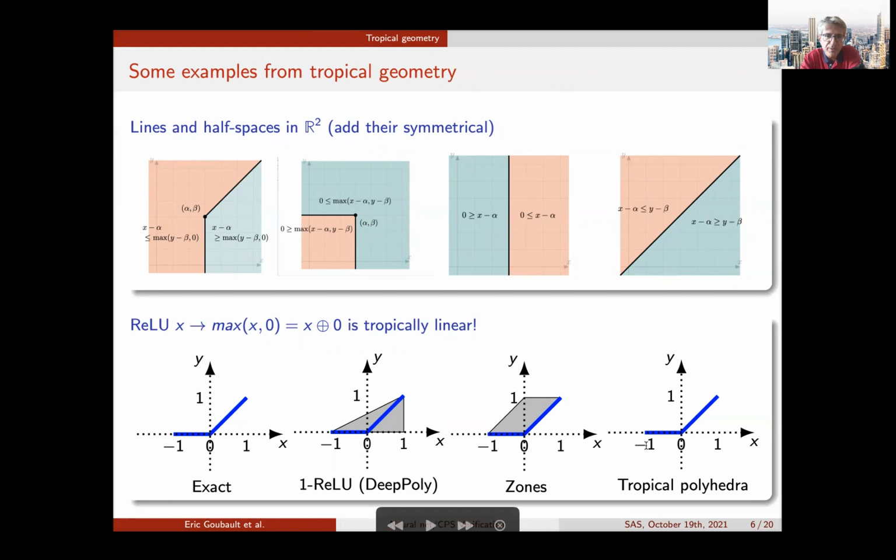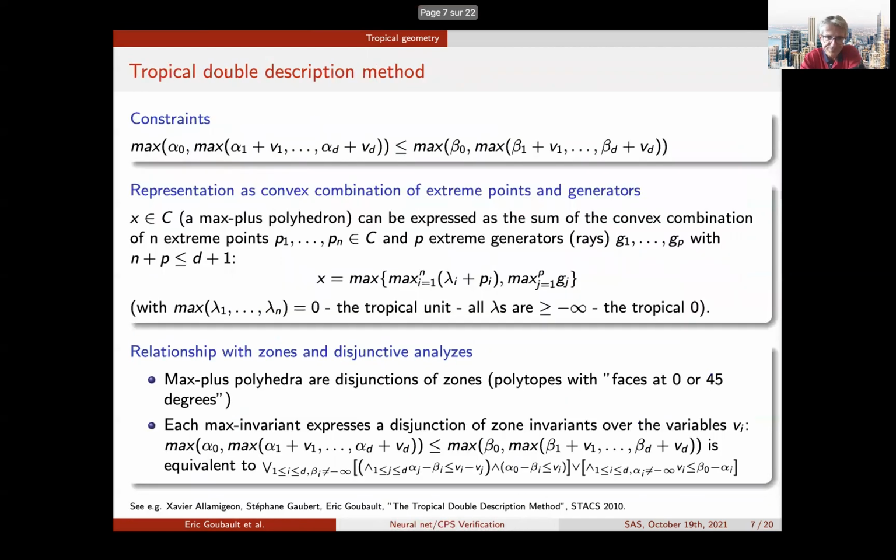So it will be a particular tropical polyhedron, which is an intersection of tropical half spaces. All classical convex combinations are going to be very coarse on the ReLU function. If you use polyhedra, you get a gray triangle here. If you use zones, it's going to be that particular parallelotope in gray there.